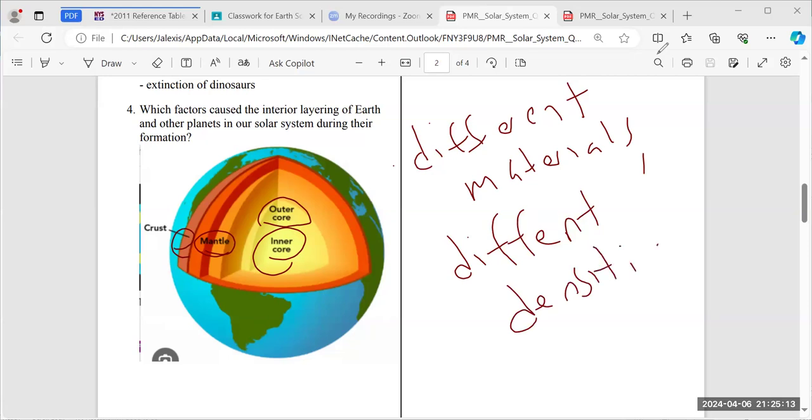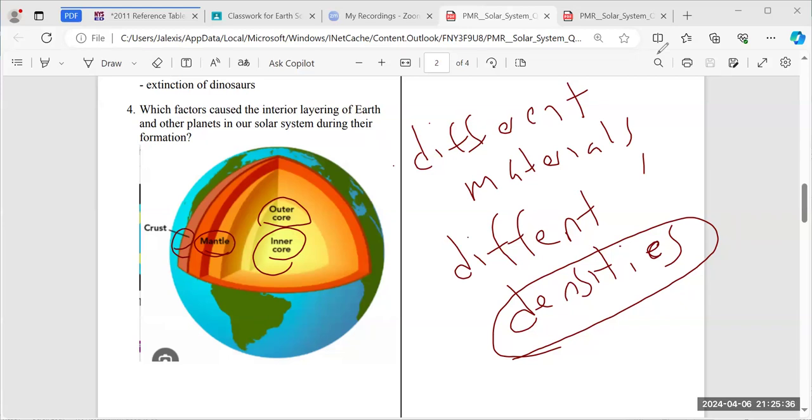So that's one of the factors of why the interior of the Earth is layered this way. It's because of density. All of these materials have different densities.